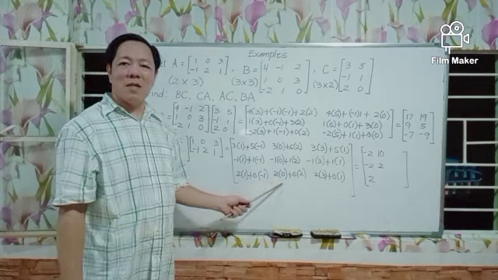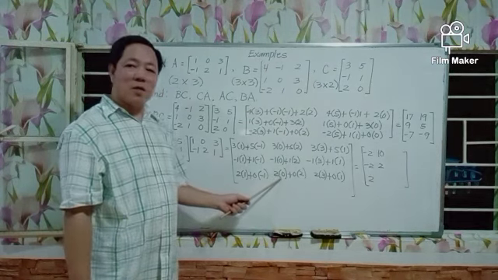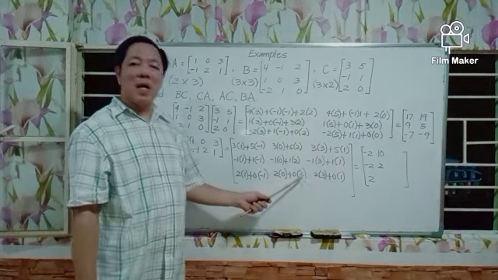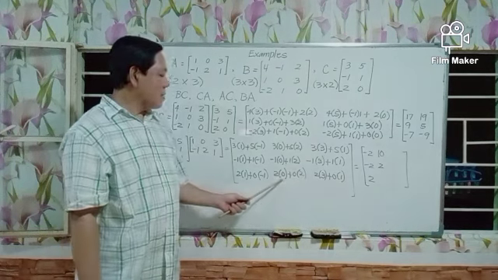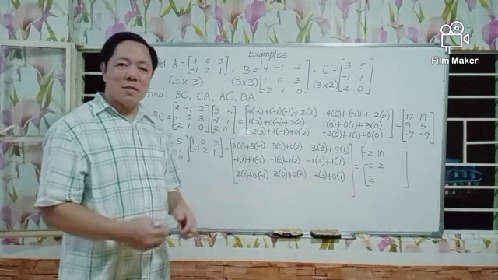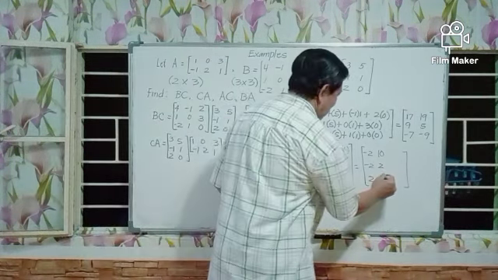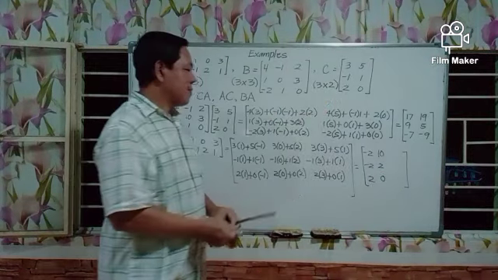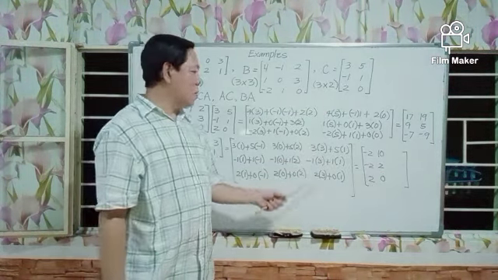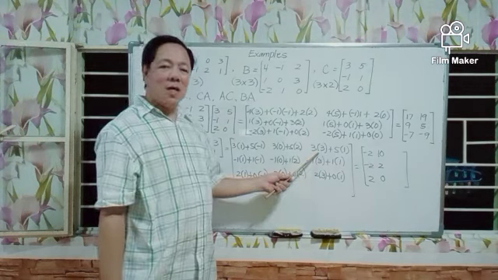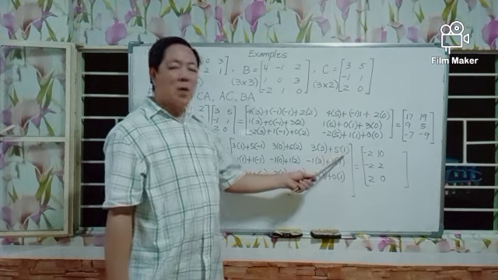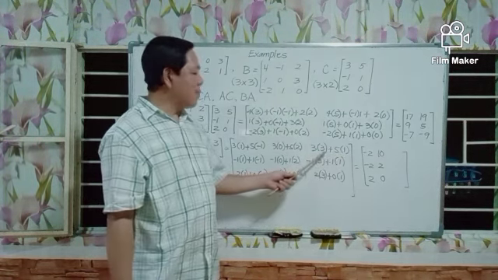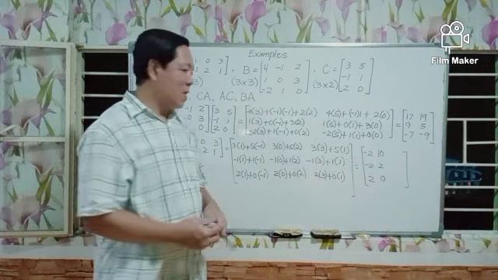And the last entry in the second column, 2 by 0 is 0, plus 0 multiplied by 2 is 0, or 0 plus 0 is 0. Entries of the last column, 3 multiplied by 3 is 9, plus 5 multiplied by 1 is 5, or 9 plus 5 is 14.